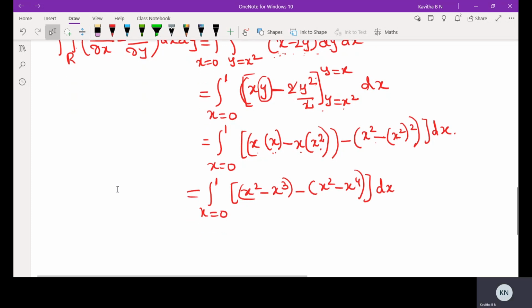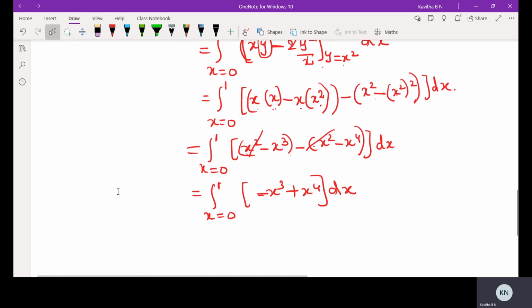Then integral of x from 0 to 1. What will we get here? X square minus x square. Observe here, x square minus x square gets cancelled. Then minus x to the power of 3, minus into minus plus x to the power of 4, dx.